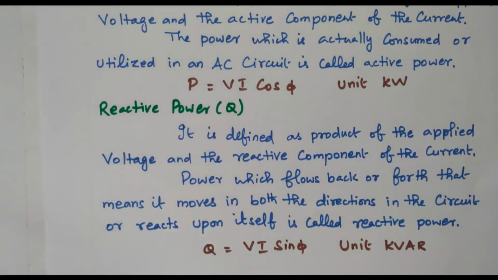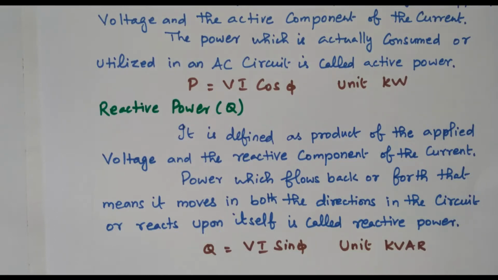The power actually consumed is the active power. The power actually required to activate the circuit is the reactive power. That's why we have reactive component and active component. So Q equal to VI sin phi. The unit is kVAR. So there are three powers: real power and reactive power, and the sum of these two is the apparent power.